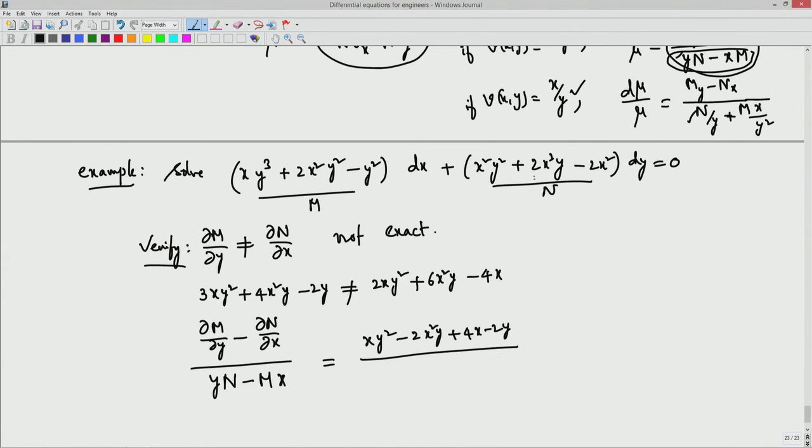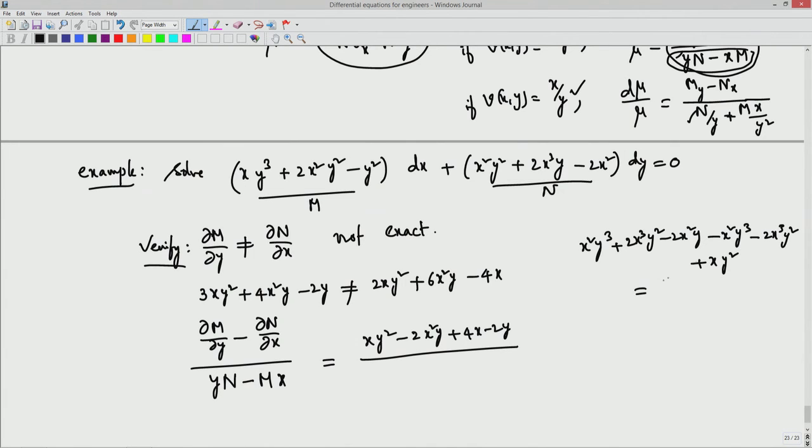So y into N, so this is my N. y into N is x²y³ + 2x³y² − 2x²y, minus xM, that is x²y³ − 2x³y² + xy². This is my yN − xM.